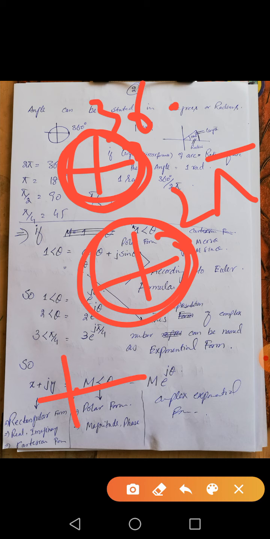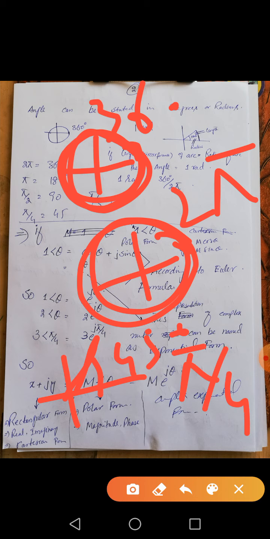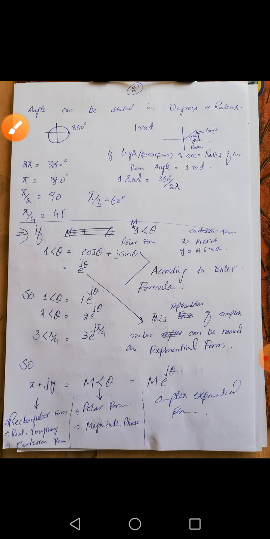If a vector lies over here in the middle of the x and y axes, this is 45 degrees or pi by 4 radians. So what is a radian?